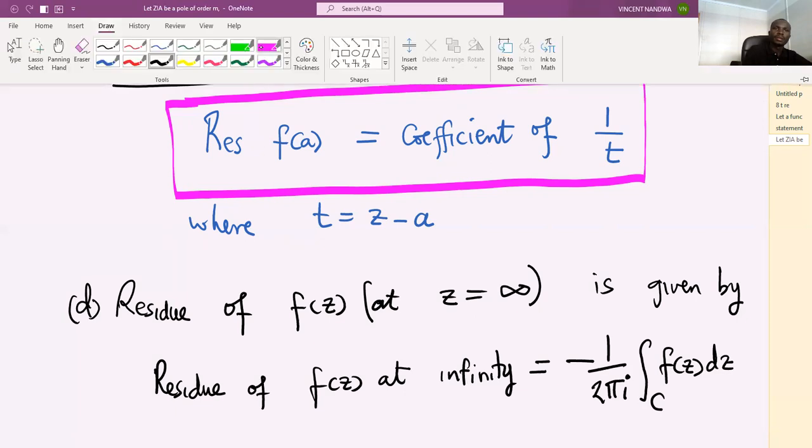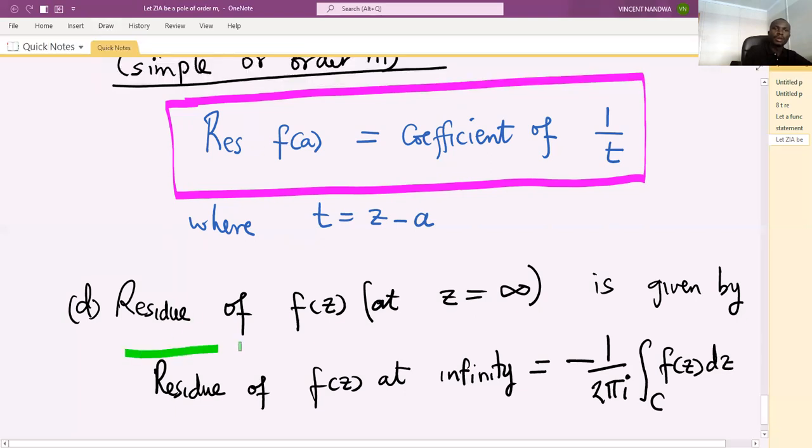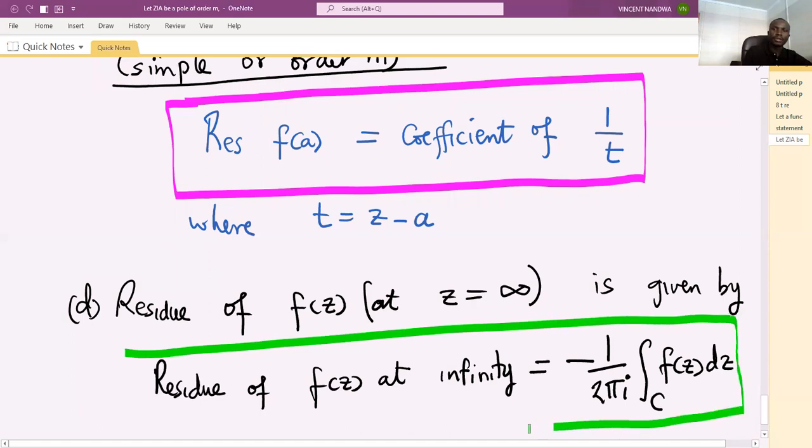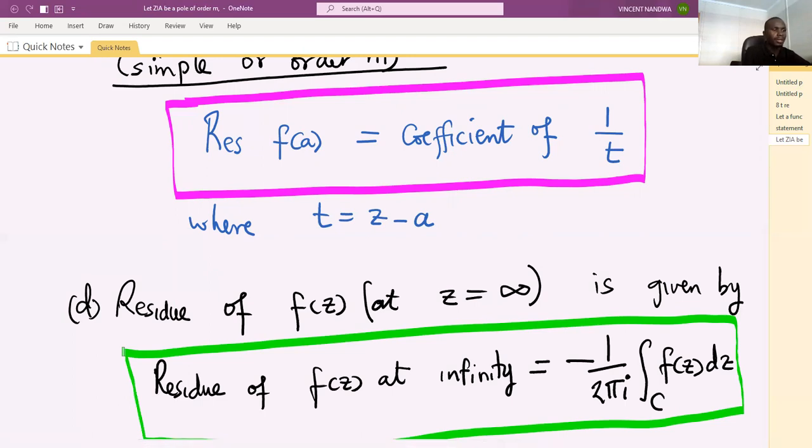So that's how we define the residue of a function f of z at z equals infinity. So in the next session we will be doing examples on how to find residues, applying these 4 different methods we have discussed. Thank you.